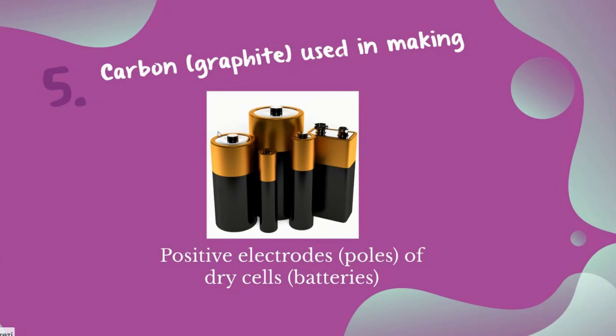Last but not least is carbon graphite, used in making the positive electrode poles of dry cells. Don't forget that carbon or graphite is the only nonmetal which is a good conductor of electricity. This is why it's used in making the positive electrode or pole of dry cells or batteries.